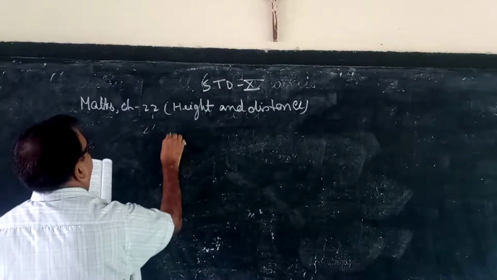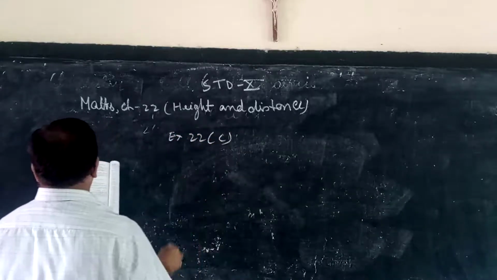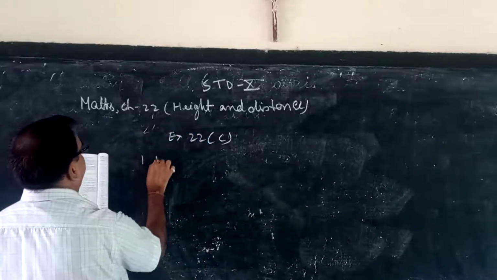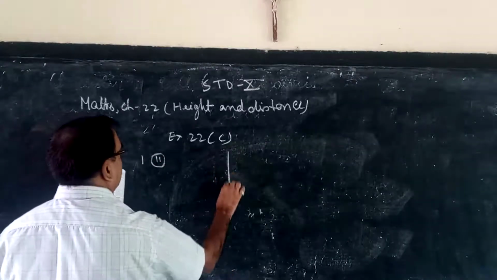Now exercise 22C. See the first, second question. What is given? A figure is given.